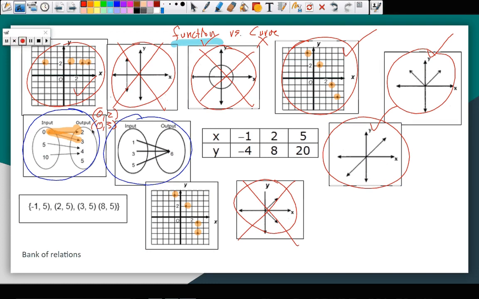Back in Algebra 1, if you graphed (0, 2), you would put a dot right here. If you graphed (0, 3), you would put a dot right above it. Already, just with those 2 points that we graphed, is it a function? No, because it fails the vertical line test. So if you need to do these little doodles or whatever, do it. It'll help you easily determine whether it's a function or not. Okay.